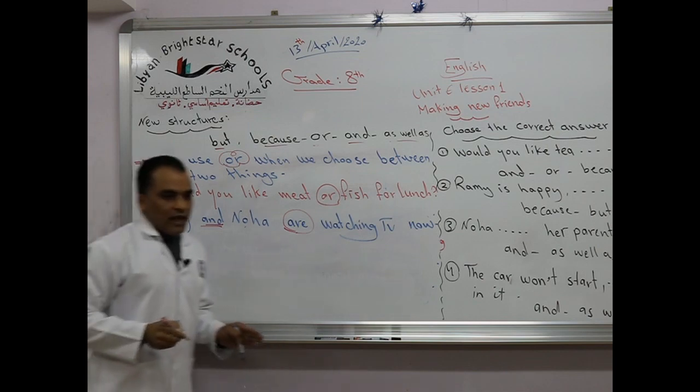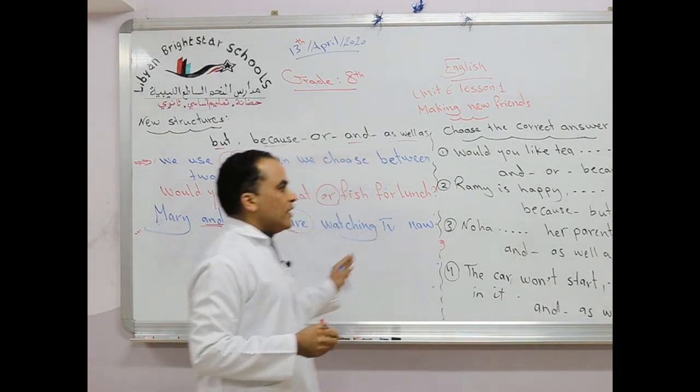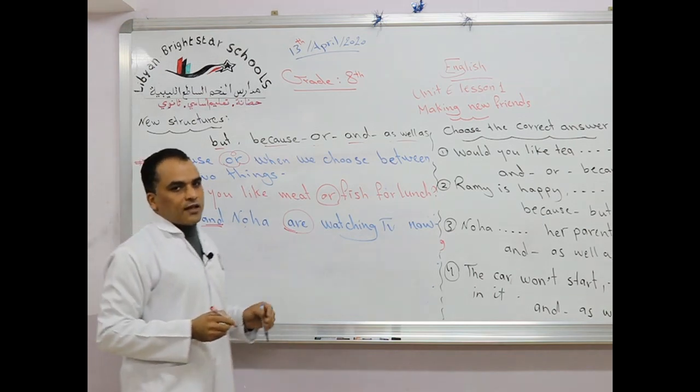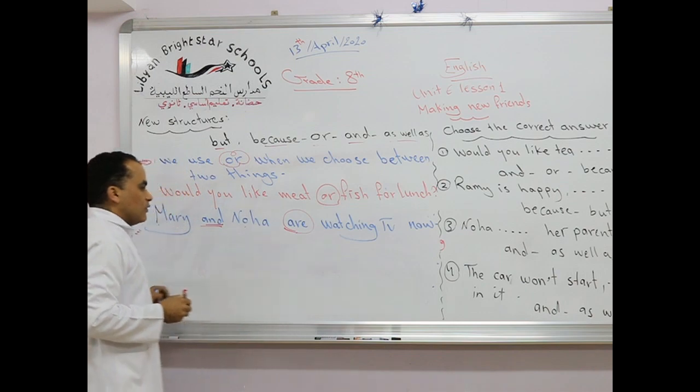But with as well as, the verb must agree with the first subject. If the first subject is singular, we use a singular verb. If the first subject is plural, we use a plural verb.